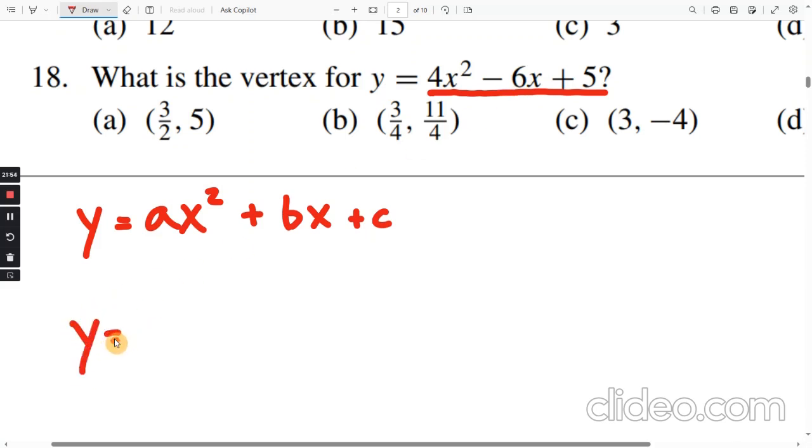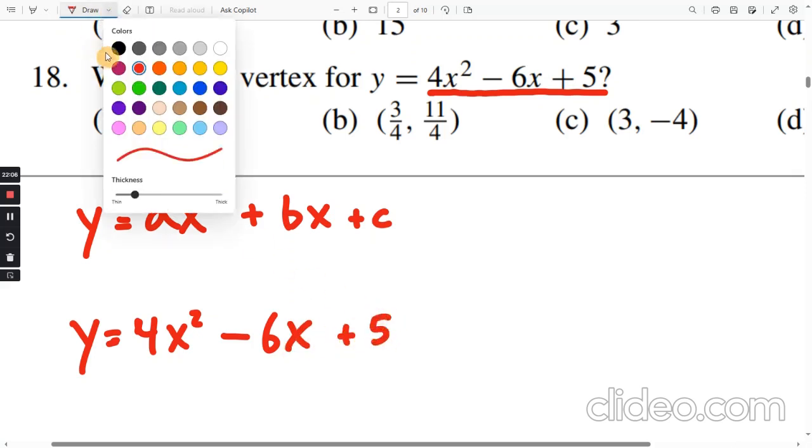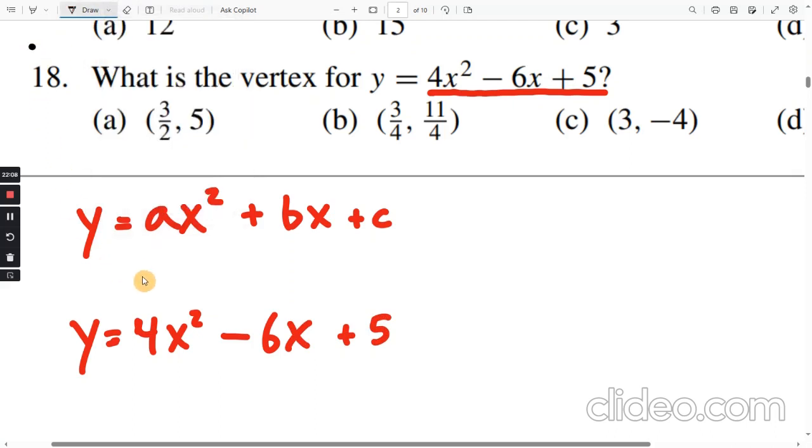I'll rewrite it underneath: y equals 4x squared minus 6x plus 5. So clearly we can see the value for a is positive 4, and the value for b is negative 6. Watch your plus and minus signs.